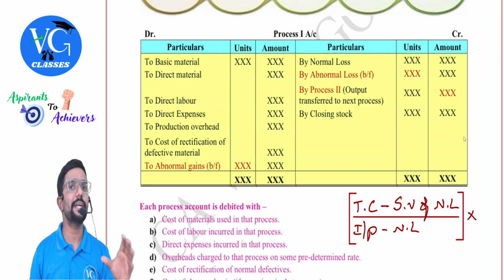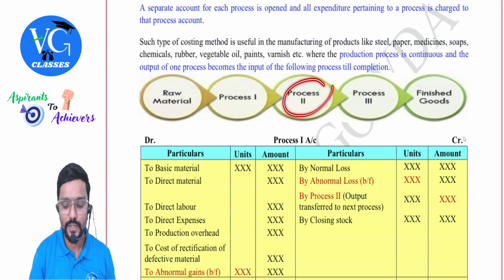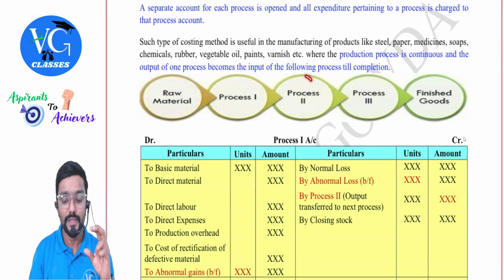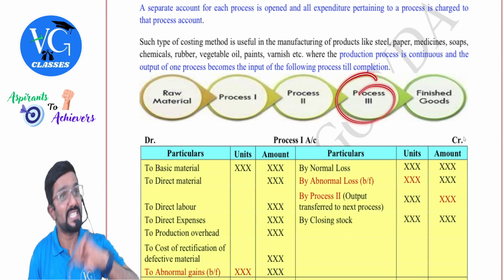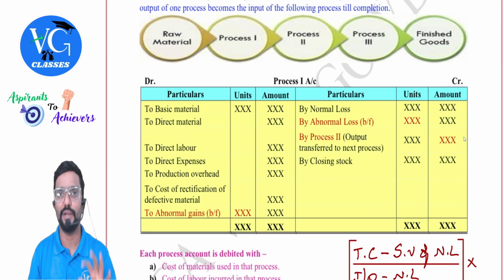Then there might be direct material for each and every process. For example, sir, for process 2 and process 3 also, can there be a direct material? Yes. Direct material means the material which is used directly by that process. Sir, what is the difference between basic and direct? Simple.